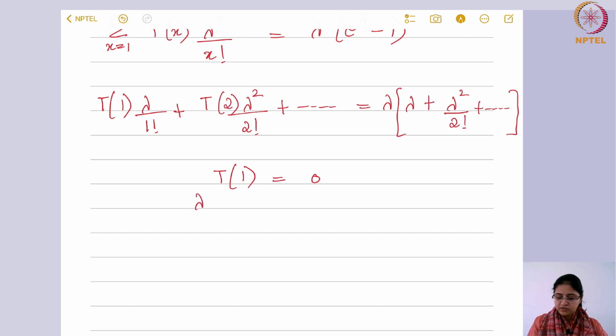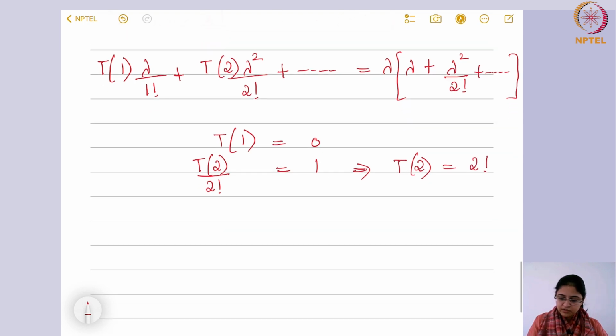If you look at lambda square, it would be t2 over 2 factorial, and you are comparing it with the right hand side, where lambda square has coefficient 1. So this implies t2 is basically 2 factorial.